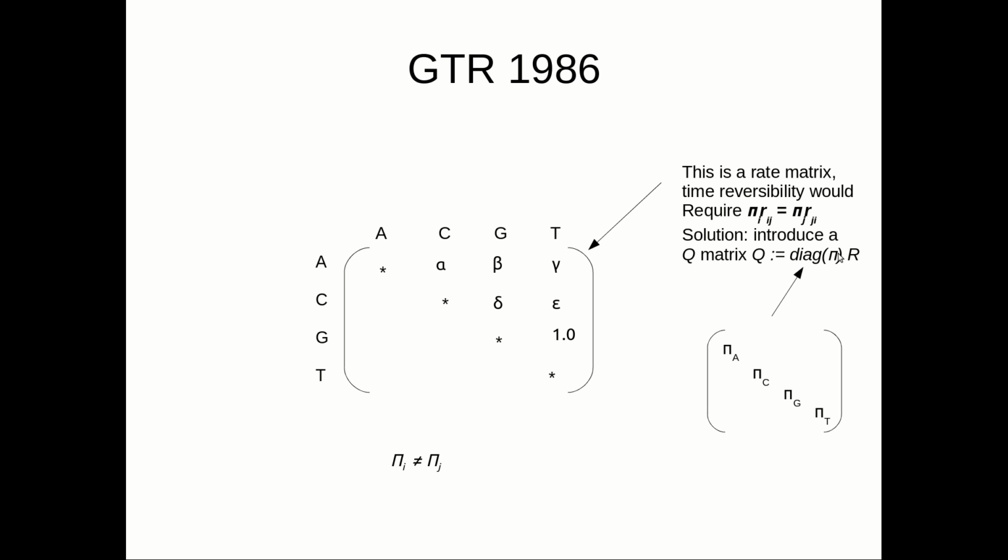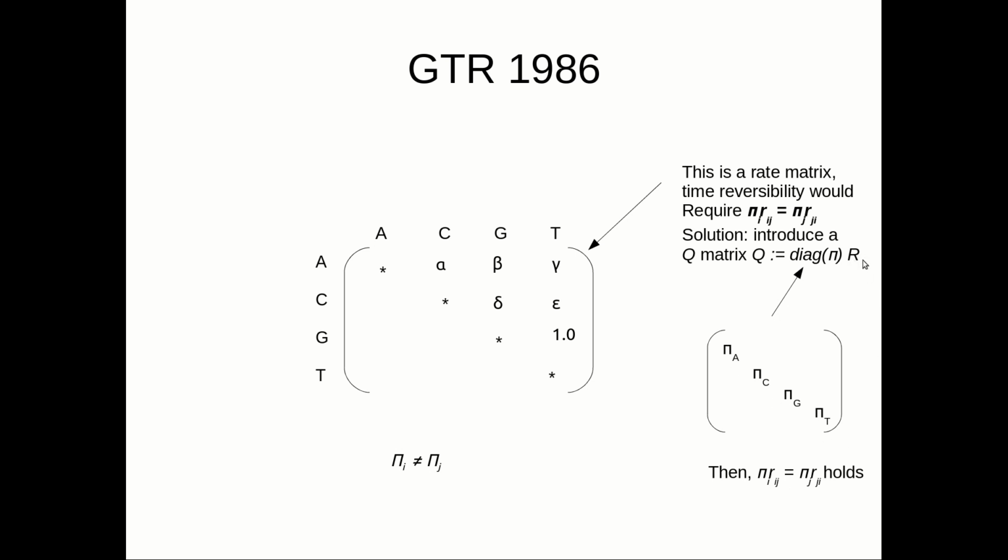You can just do the calculations on your own, doing a little bit of matrix algebra. If I do this, then Q, actually not R, but Q, is actually time reversible. So we just multiply with the scalar here.